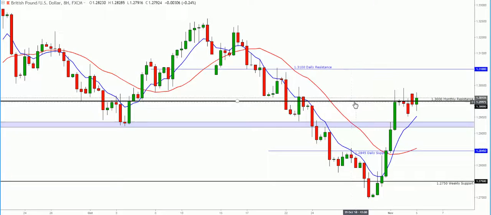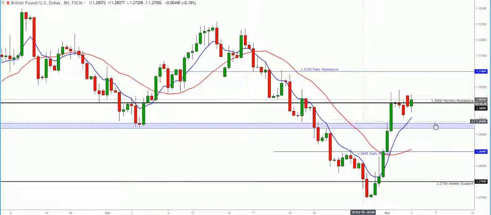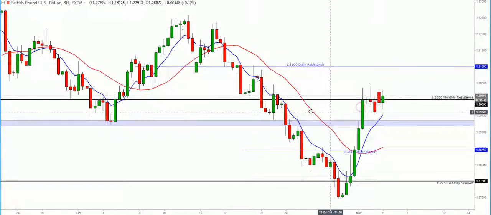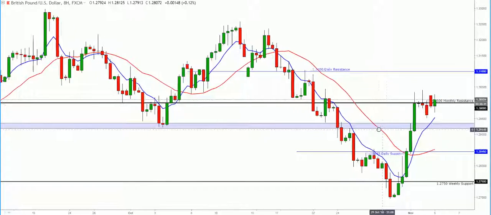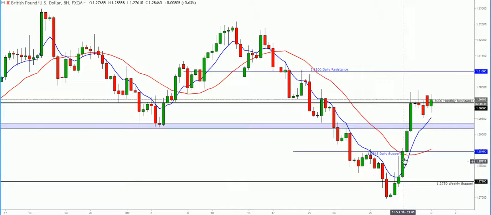Overall, I do like the look of shorts here. I do like the look of downsides. However, we do need that confirmation. As you can see, moving averages crossed back over here on the 8-hour time frame. We are stalling somewhat, a little bit of consolidation around this 1.3 monthly level.